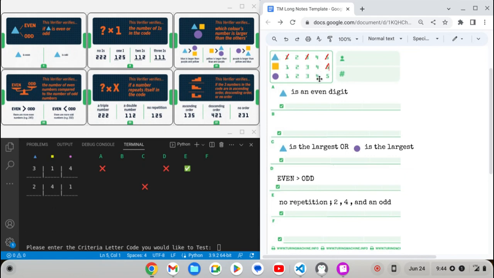If circle is the largest, so actually this is interesting. If circle is the largest, it would have to be a 5 because we know there's a 4 somewhere. That's if circle's the largest. Then it would be a 5.